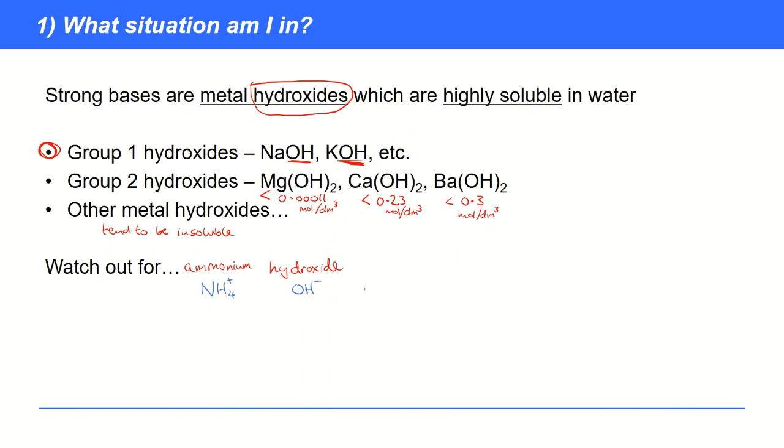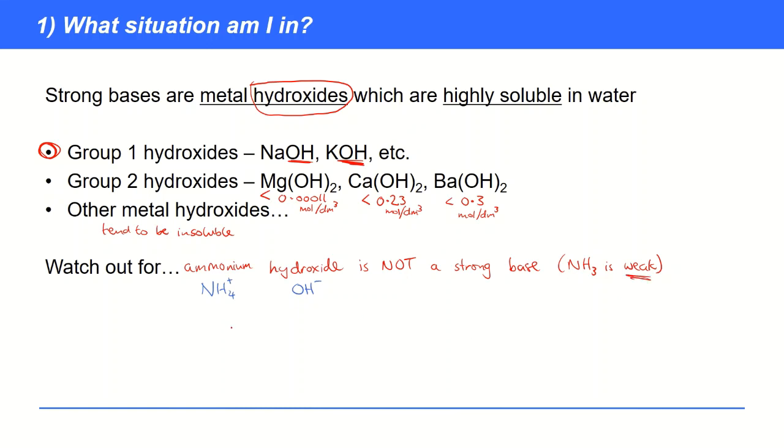So this one is not a strong base. The other way of thinking about it is ammonia itself is weak. So it doesn't produce as many hydroxide ions as there are ammonia molecules, far from it. So please be careful with that one.